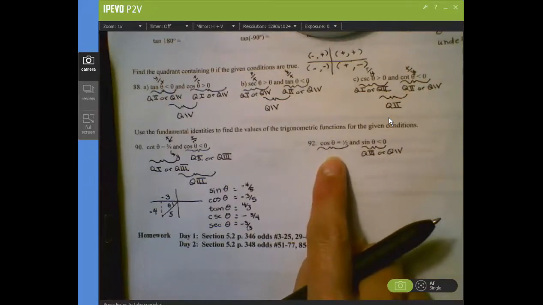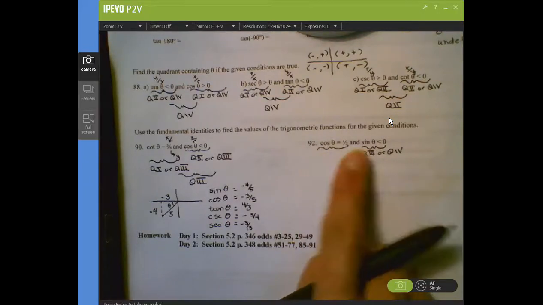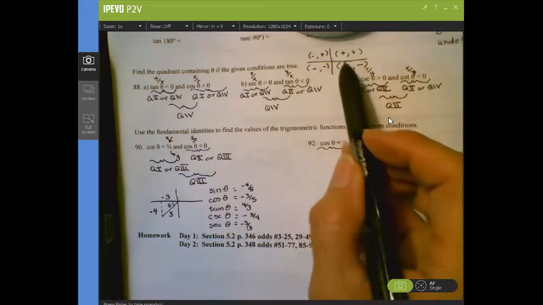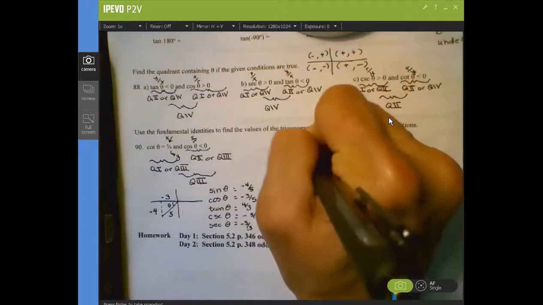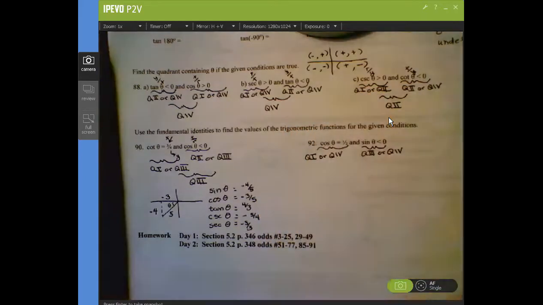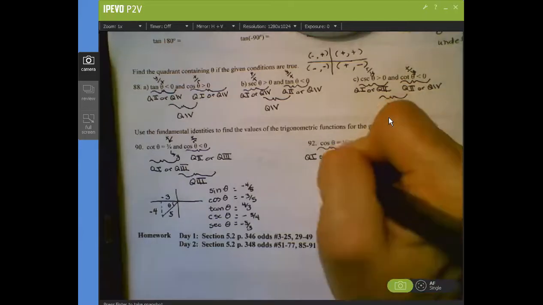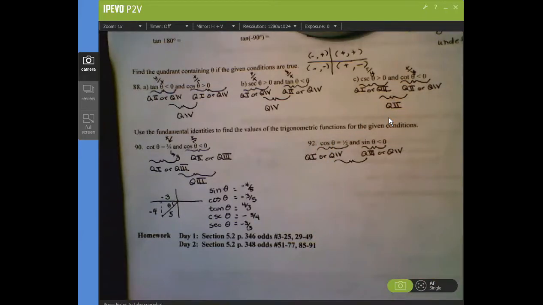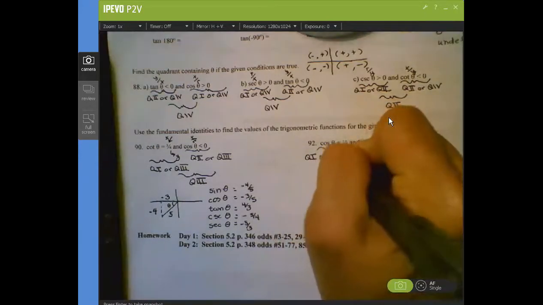Cosine's your x. So where is x positive? Well, x is positive in the first and the fourth quadrant. So what single quadrant satisfies both of those conditions? What do you know about theta? It has to be in the fourth quadrant.